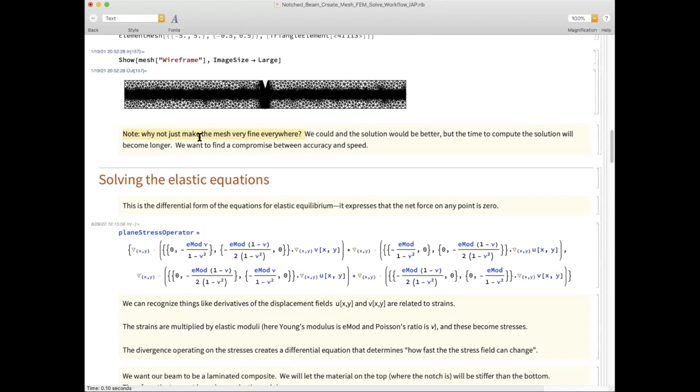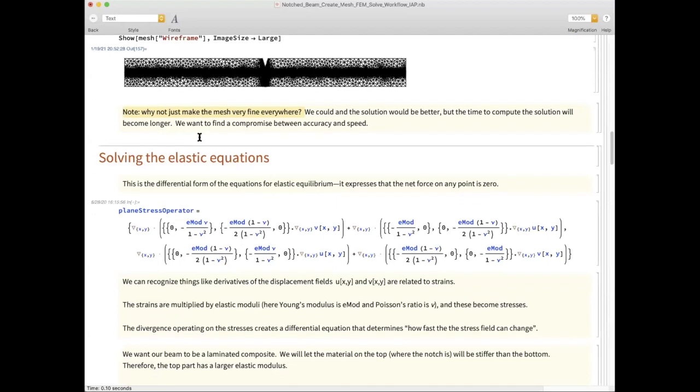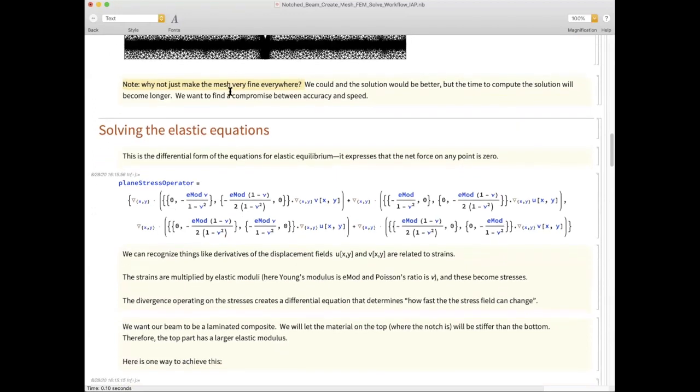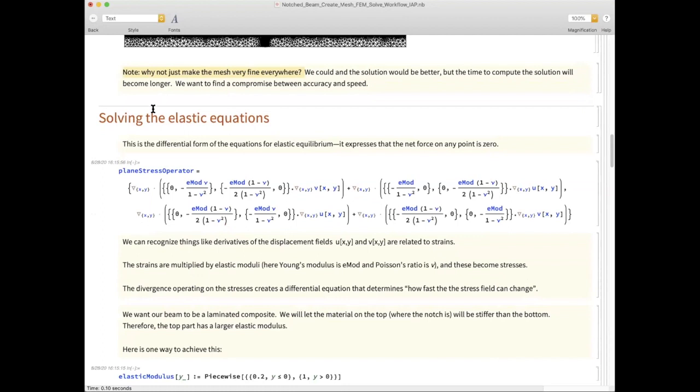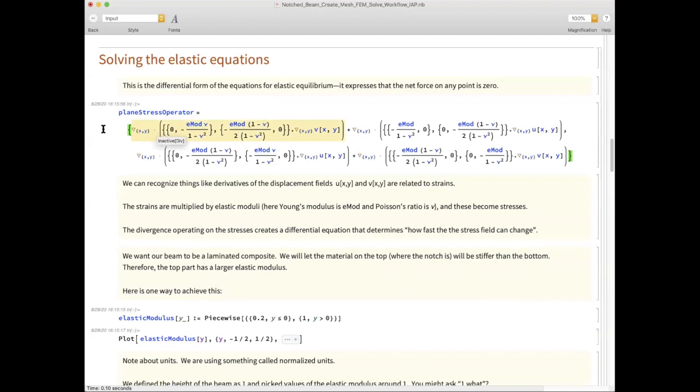Okay, we're going to want to solve a system of differential equations on this particular mesh. And this is the plane stress operator. So we see we've got a divergence term, which is sitting here. The divergence is operating on a gradient of a displacement field. And so we've got something which is like a tensor operation sitting on a displacement field.